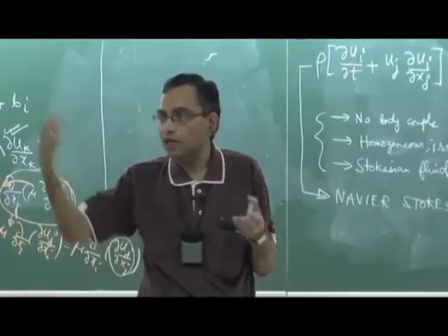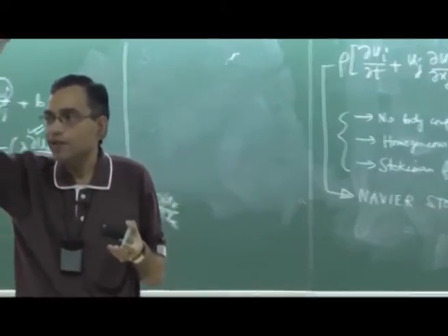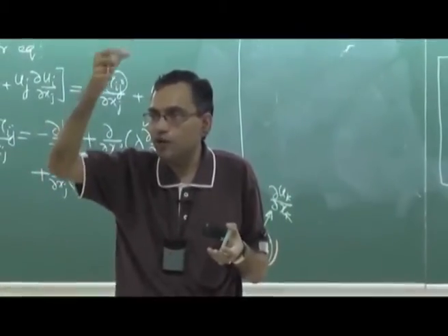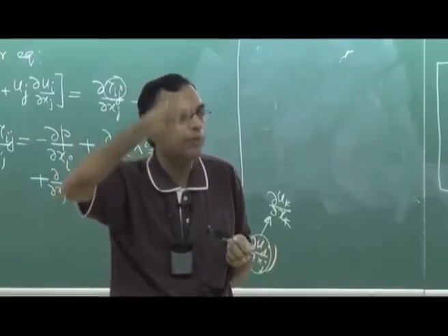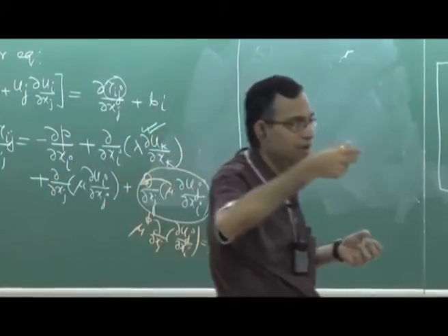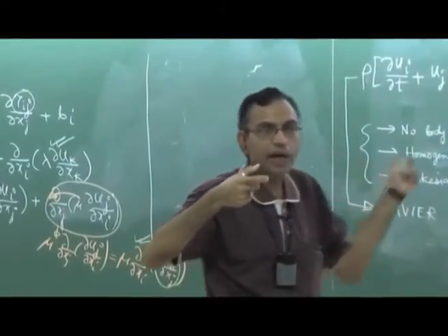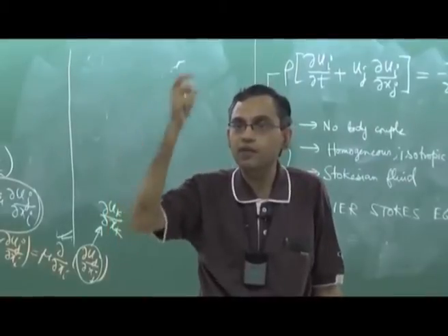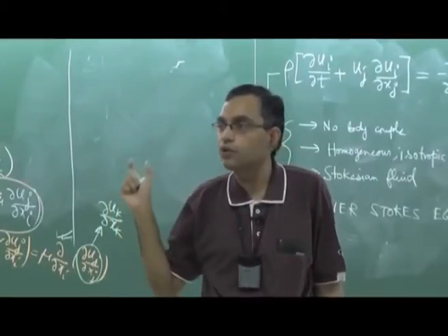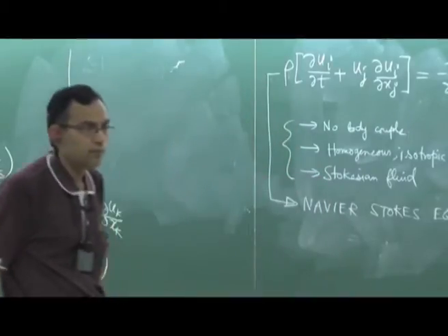Stokes law you have learnt in high school physics, that if you have a sphere which is in a terminal motion at a very slow velocity in a fluid, then what is this terminal velocity, how do you calculate the terminal velocity, the drag force and so on. That is Stokes law. Stokes hypothesis, mechanical pressure equal to thermodynamic pressure, and Stokes equation is the Navier-Stokes equation with the left hand side equal to 0. So all these three are different things.